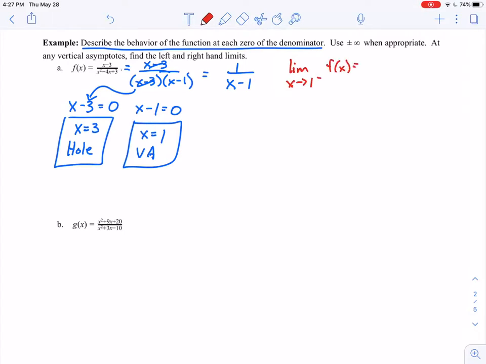We actually already simplified this function. We factored it and reduced any common factors. If we wanted to, we can look at the limit as x approaches 1 from the left-hand side of this, 1 over x minus 1. We can use that simplified version just to make our calculations a little bit easier.